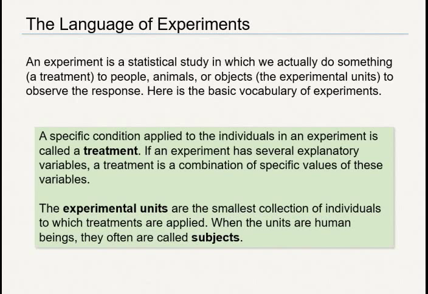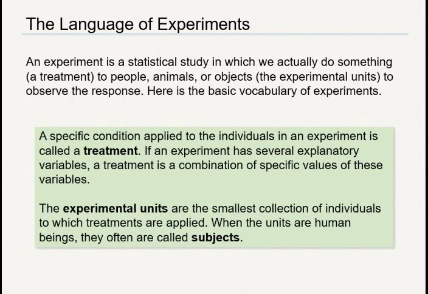The experimental units are the smallest collection of individuals, and keeping in mind again that individuals are not yet necessarily people, but the smallest collection of individuals. So if you are doing these experiments on individual people one at a time, then the individual people one at a time would be your experimental units.